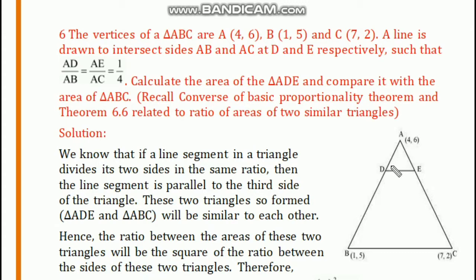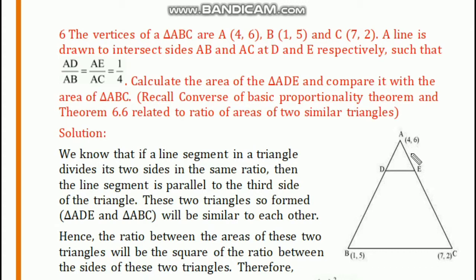So the ratio of the sides squared equals the ratio of the areas of these two similar triangles, ABC and ADE.